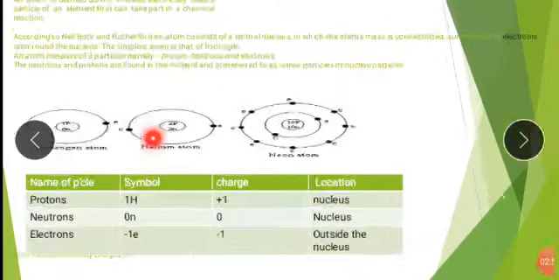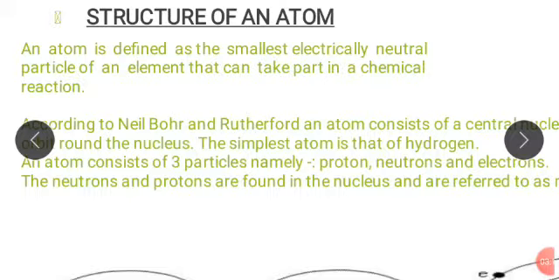You could have heard of an atom in chemistry. You could have studied about an atom in chemistry, and maybe you may know what an atom is. So before we look at the structure of an atom, we need to define what an atom is.